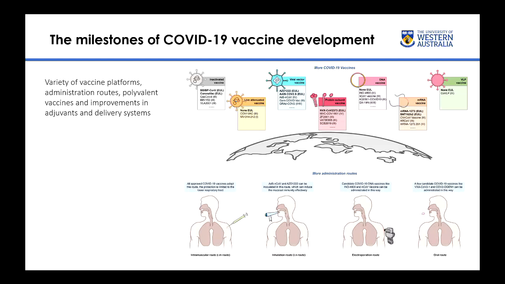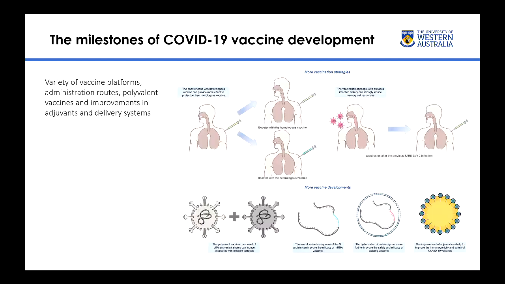So more different routes have been trialed, which again, from the perspective of vaccine development, is quite interesting. So intramuscular, inhalation, electroporation, and oral route. So again, it opens a plethora of different approaches for future vaccines to be developed as well.